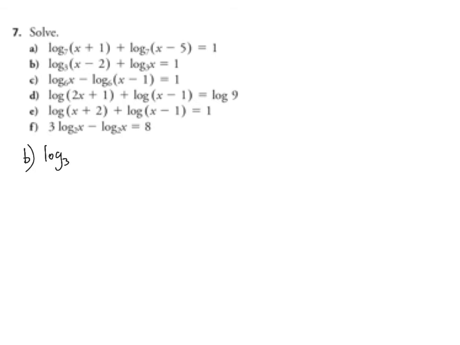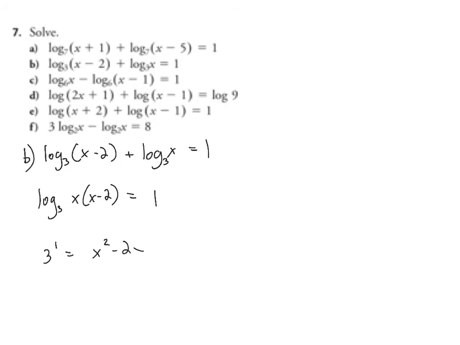Part B, log base 3 of x minus 2 plus log base 3 of x is equal to 1. And so we can say log base 3 of x times x minus 2 equals 1. So 3 to the power of 1 equals x squared minus 2x.